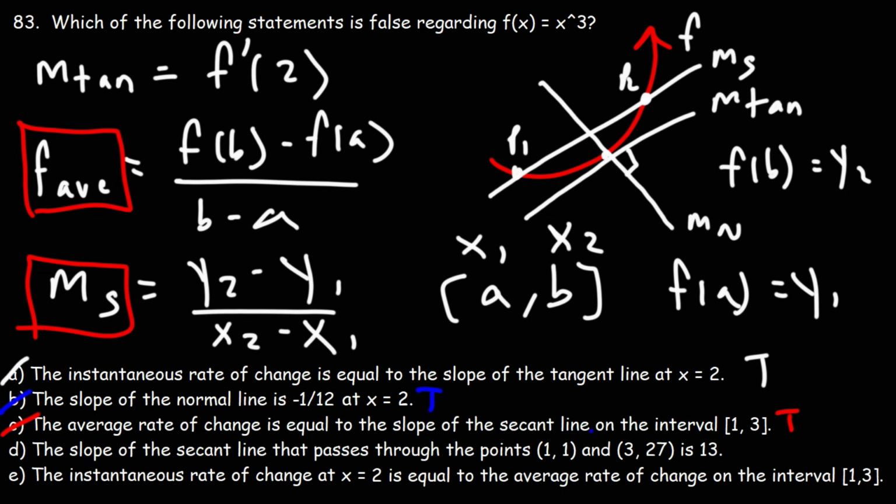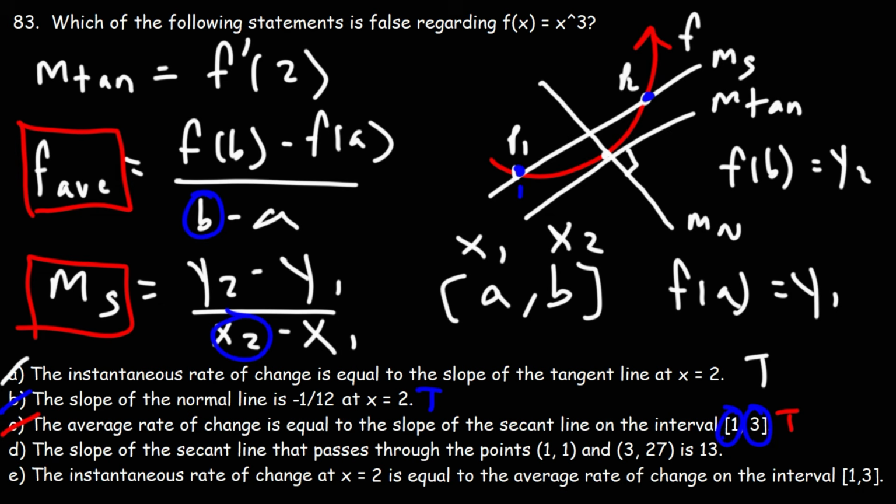This will be true as long as the secant line touches the graph at x equals 1 and x equals 3. So if this is x equals 1, and this is 3, then it's going to be true. If those numbers were different, like if x2 doesn't match b, then it won't be true. These have to be the same x values.